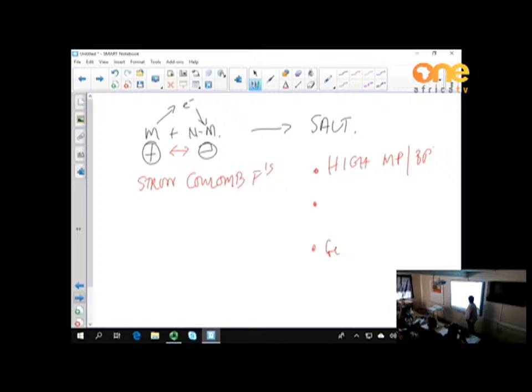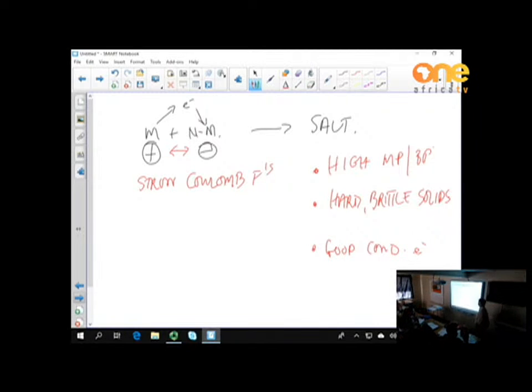Yes, good. Conducts electricity when dissolved or molten. Hard, brittle, solid. Yes, electrostatic would also be fine. Strong Coulomb forces or electrostatic forces. Are you with me? All right.